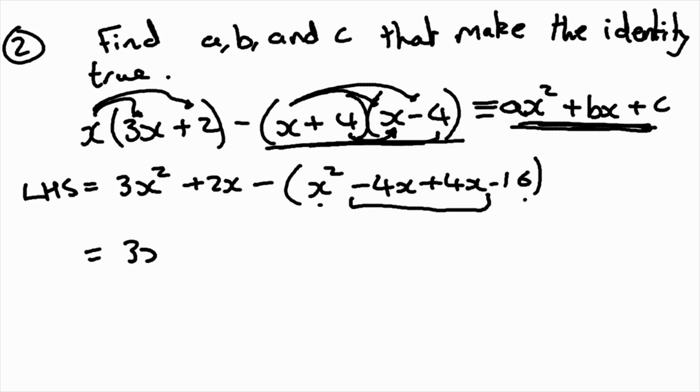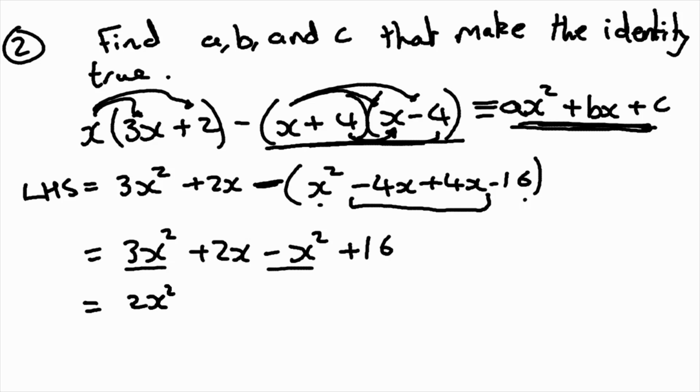So 3x squared plus 2x, subtract x squared, subtract minus 16, so a negative and a negative is a positive. And now we can simplify. 3x squared minus x squared is 2x squared, plus 2x, plus 16.